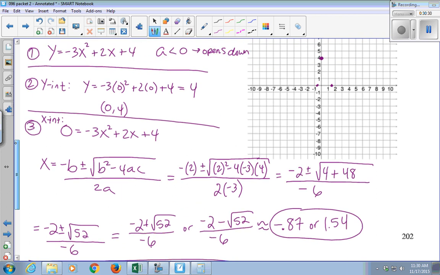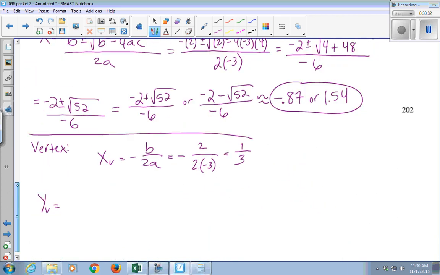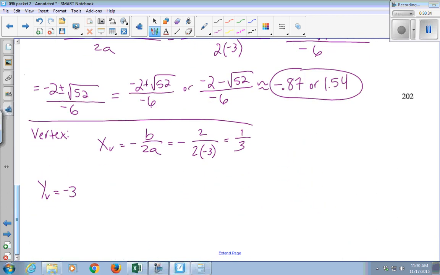Okay, so my original formula is -3x² plus 2x plus 4. So this is -3 times 1/3 squared plus 2 times 1/3 plus 4.